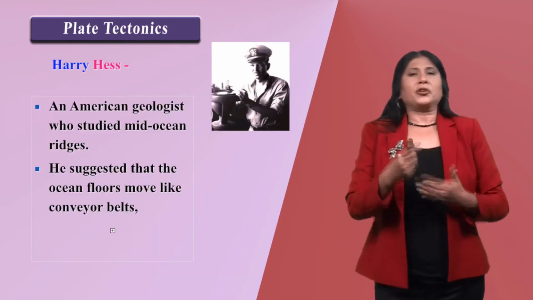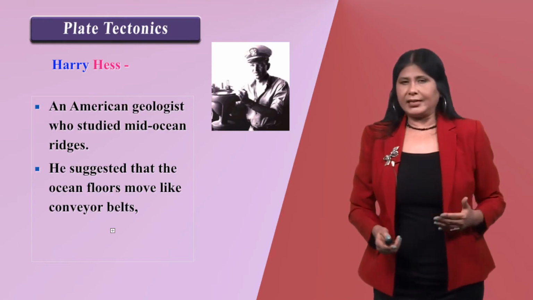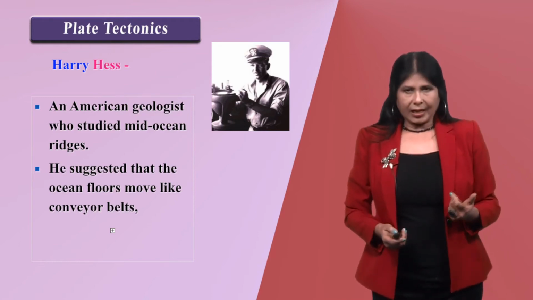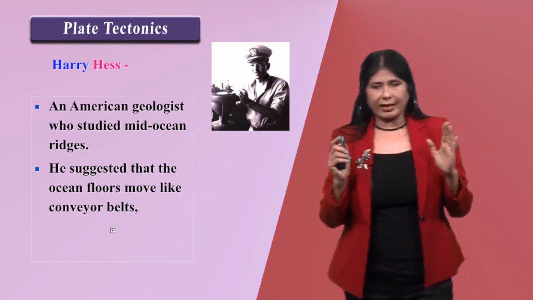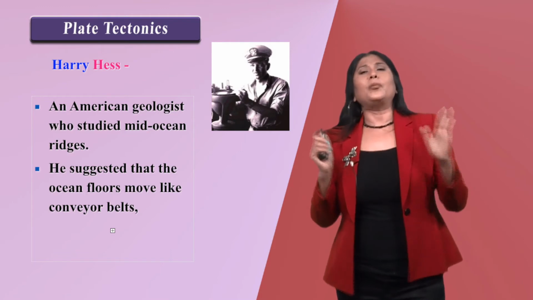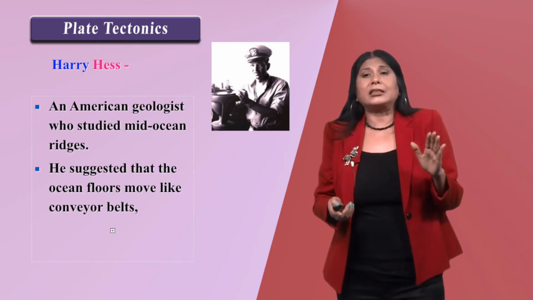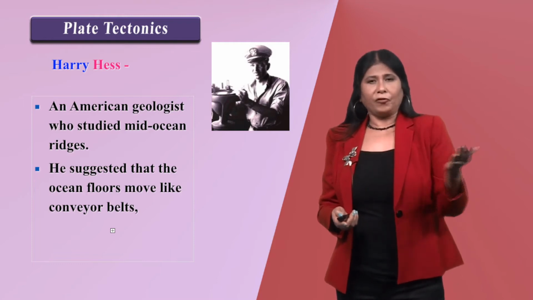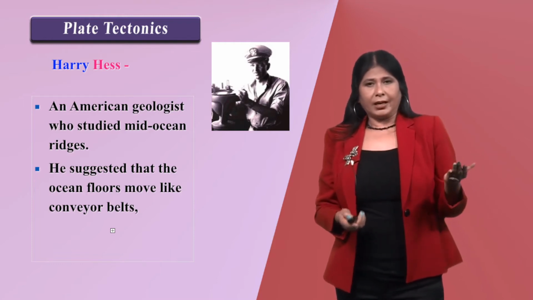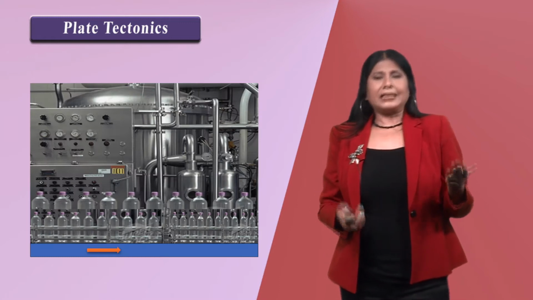The explanation of this has come from Harry Hess. He is an American geologist. He studied the mid-oceanic ridge and he suggested that the ocean floors move like conveyor belts carrying the continents along with them. So this is how the ocean floors are moving. And this is how it looks.